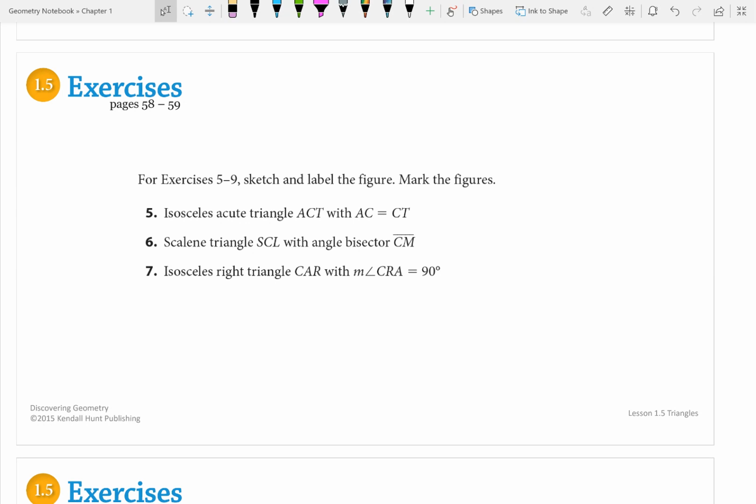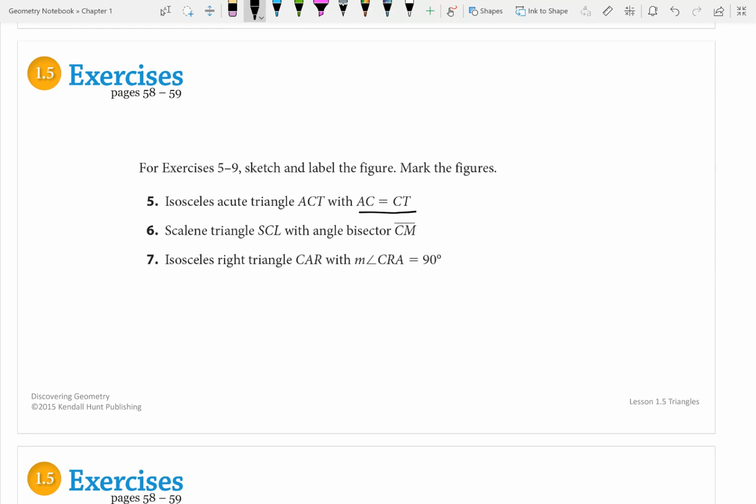Mark the figures. So isosceles acute triangle, ACT. Isosceles acute. Let's go ahead and do something like this. Just making a triangle. A, C, T. Oh, wait, hold on. Let's go ahead actually, and isosceles acute triangle.